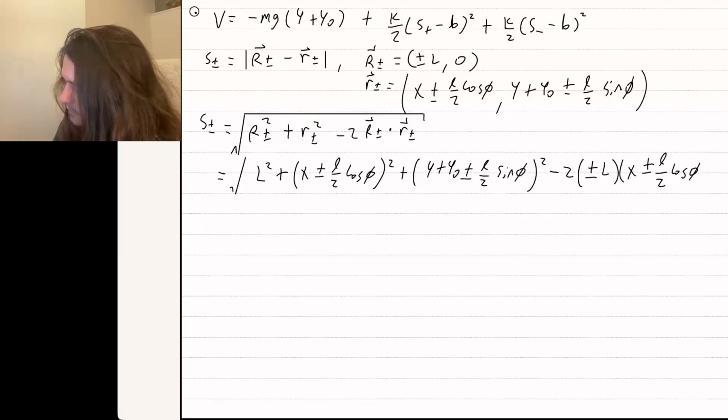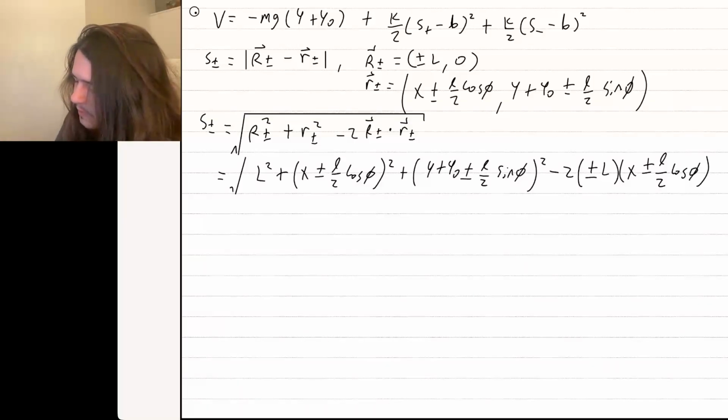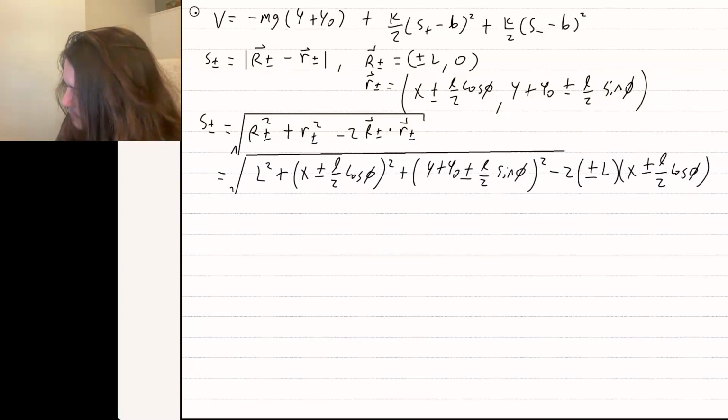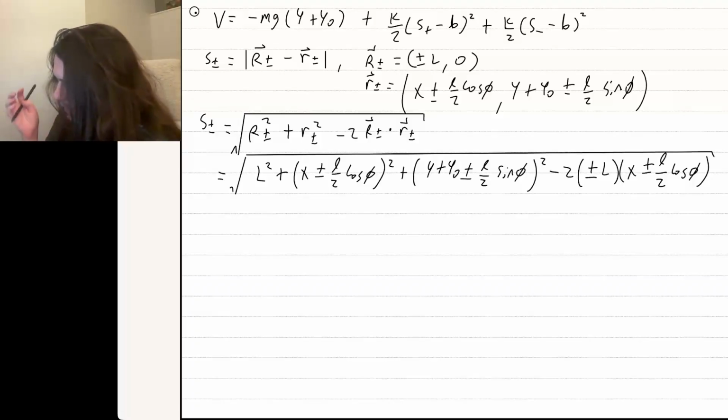There's no y component on the anchor points, so the dot product was the easiest part, I think.